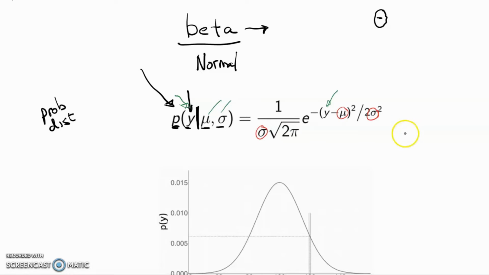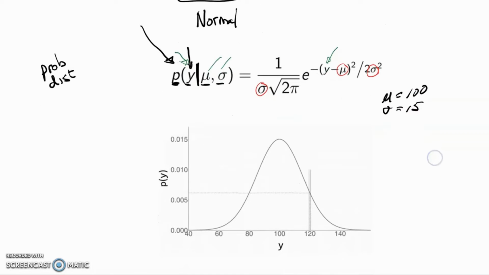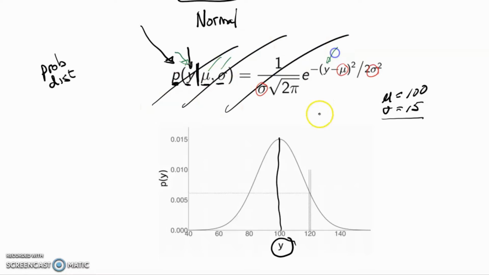For example, if we specified mu equal to 100 and sigma equal to 15, and considered all possible values of the random variable y, we'd see a mean at 100 and a standard deviation of 15. The good news is that we don't have to deal with this ugly formula.